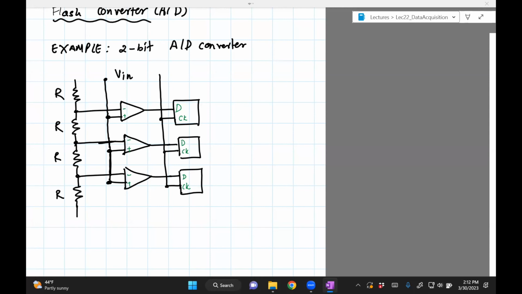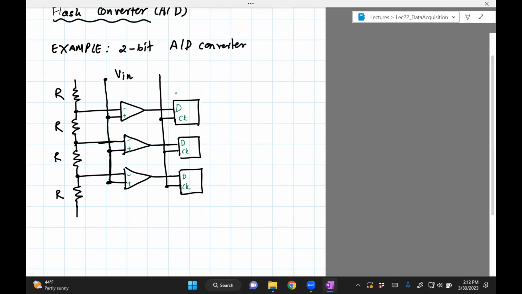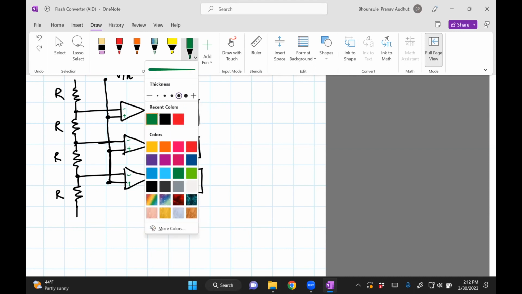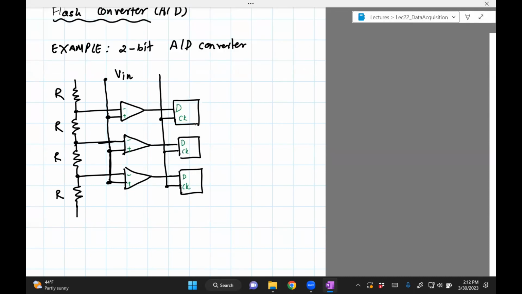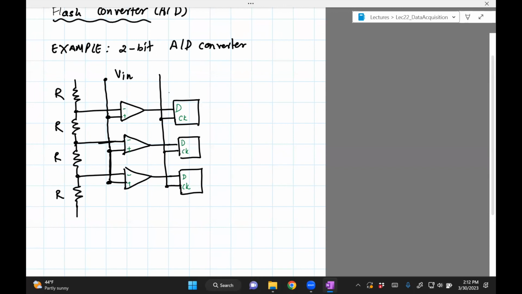The outputs of these are, yeah, there's more circuitry, but we'll get to that.